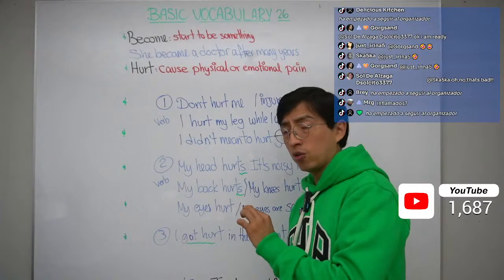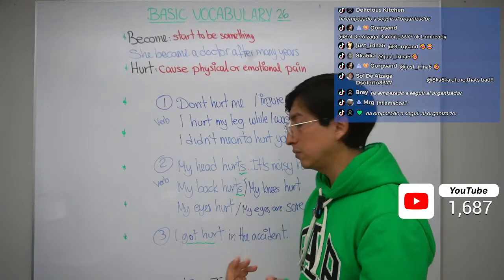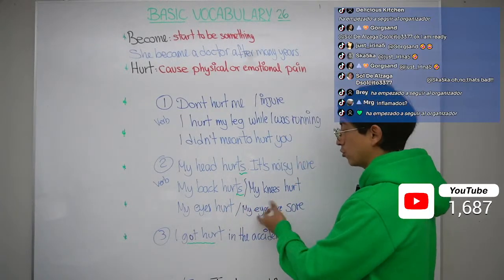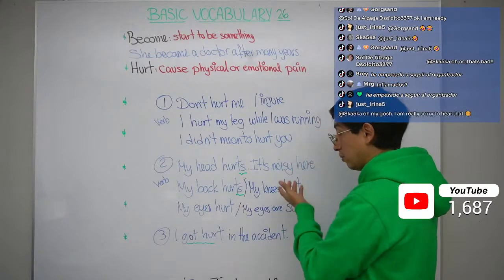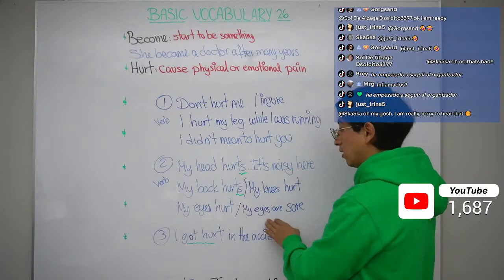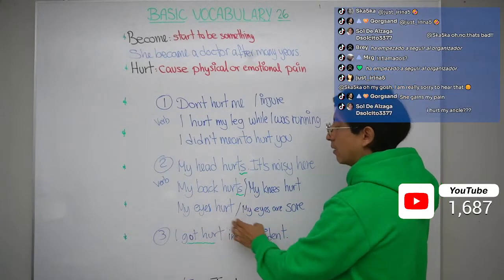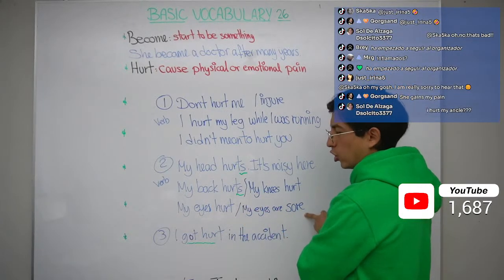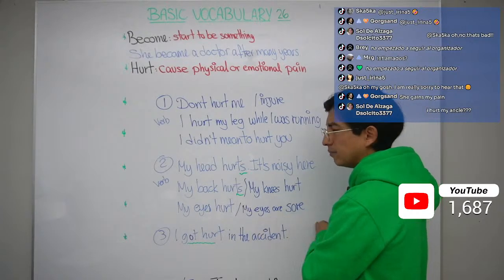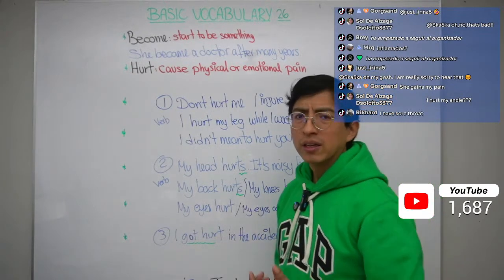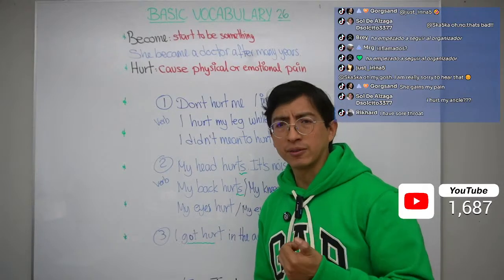Yes, sore, como adolorido, ¿no? Algo que has usado mucho, por ejemplo, mis ojos están adoloridos, mis ojos están hinchados, porque he estado mucho tiempo en la computadora. No me duelen, pero sí están adoloridos o están cansados. Lo mismo en el caso del gimnasio, ¿no? I have sore muscles, okay?